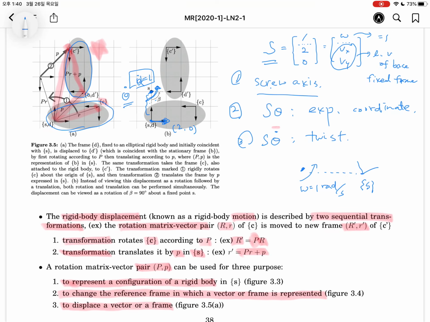Then this point will make a linear motion, maybe Vx and Vy. By combining this one and this vector, they will constitute the screw axis. Okay, let's summarize on the next page.